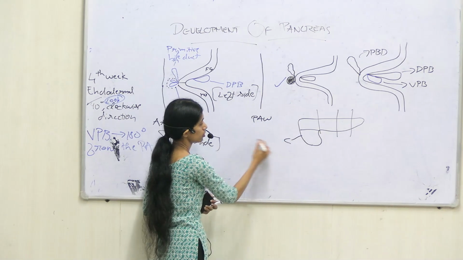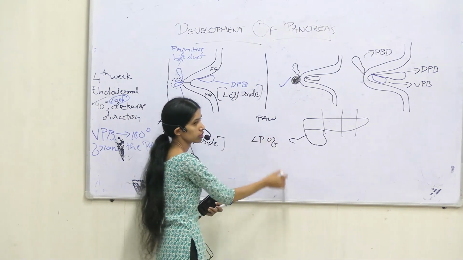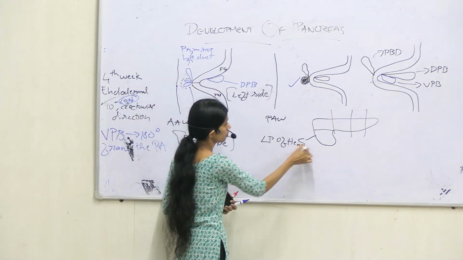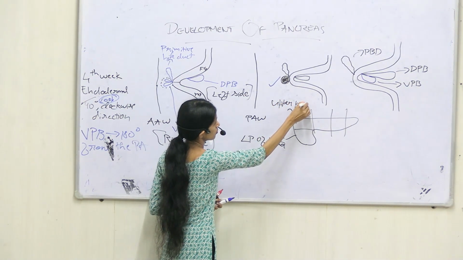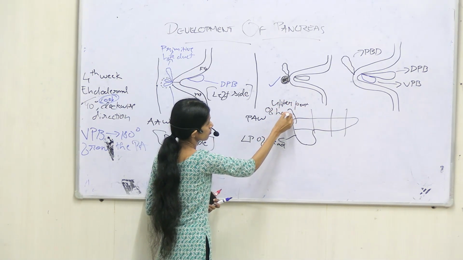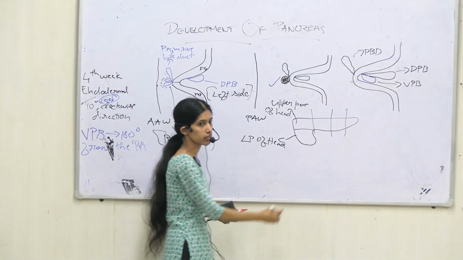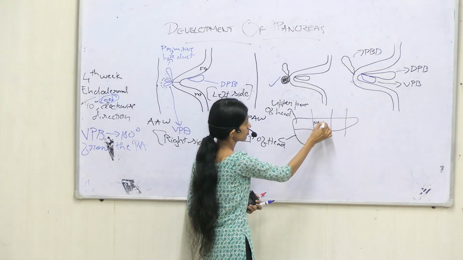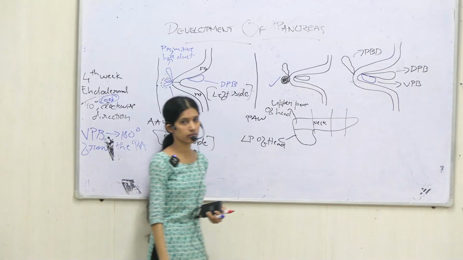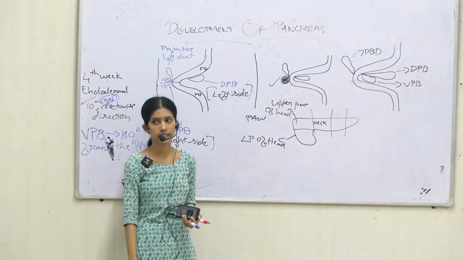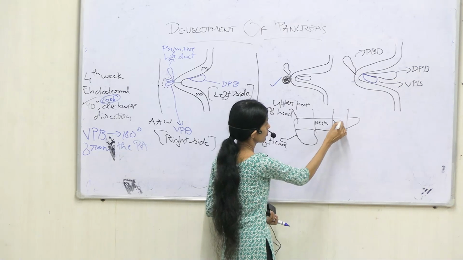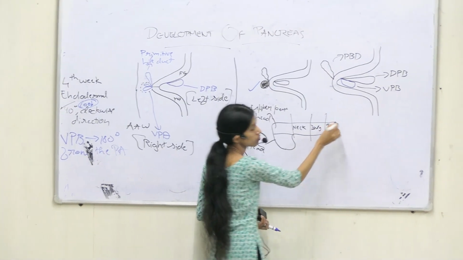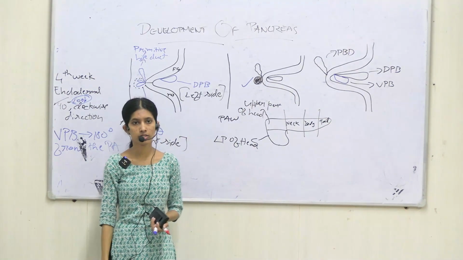This is the lower part of the head. This is the upper part of the head. Then followed by neck, body and tail. Correct? Any other structure?